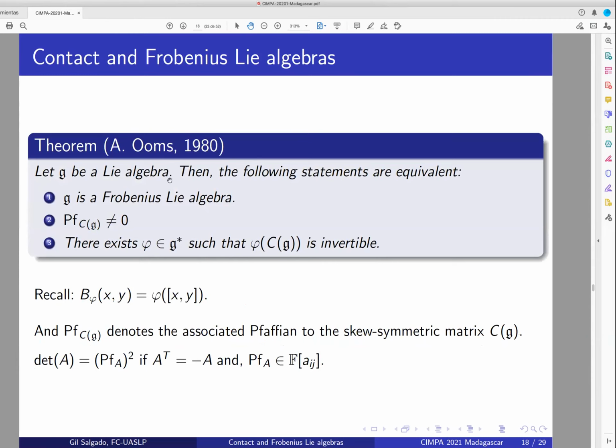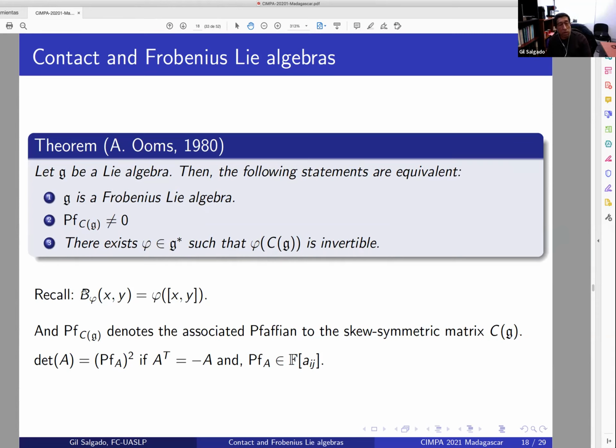If you start with a Lie algebra, the following statements are equivalent. G is a Frobenius Lie algebra. We can construct a Pfaffian associated to this skew-symmetric matrix, and this element is not 0, and there exists a one-form such that this matrix is invertible.